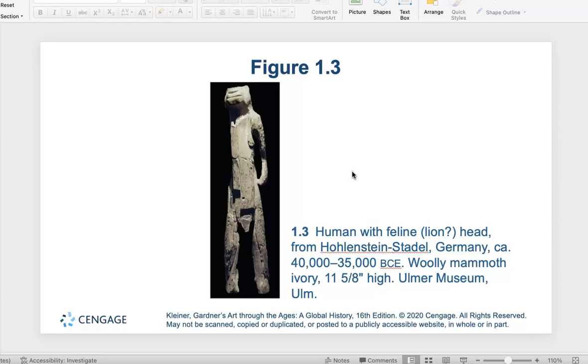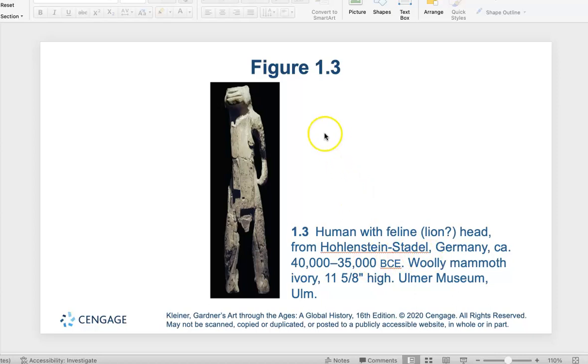And why would a human being be dressed up like a big cat? Maybe this is a religious person. Maybe this is a priest. Maybe this is a shaman, a magician, something like that. And they're dressed for their version of some kind of religious ceremony way, way, way back then in the Paleolithic prehistoric world in Germany.